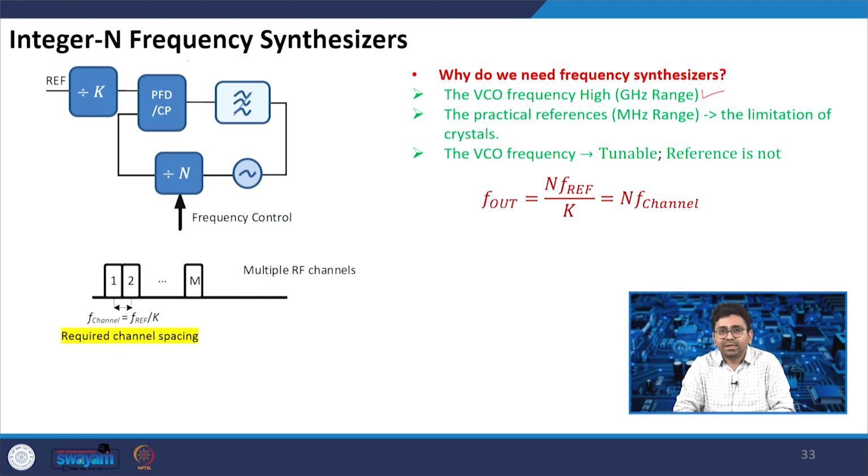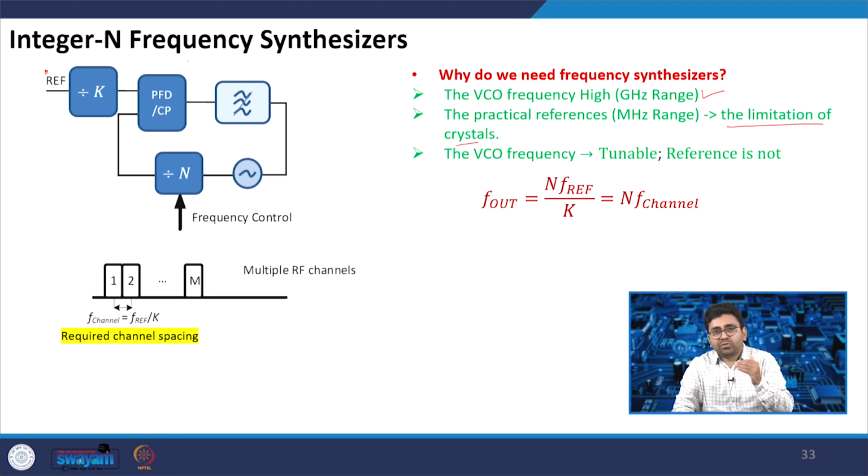But in reality, the practical reference that we use is a crystal oscillator, which might be in the kilohertz to megahertz range. So, that is a limitation of the crystals which we are applying as a reference, and the VCO frequency needs to be tunable.